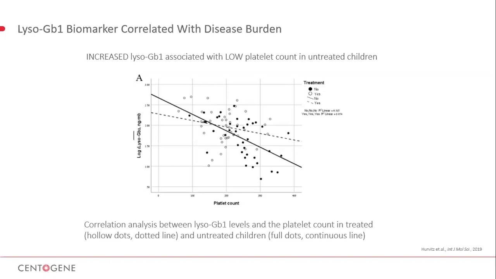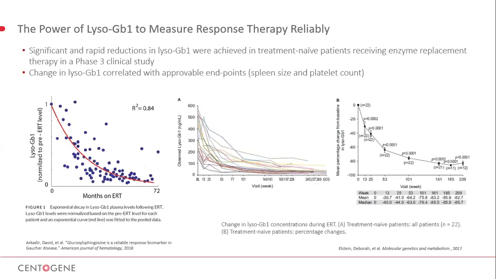As you can see in the graph, increased levels of lyso-Gb1 correlated with low platelet counts in patients with Gaucher disease. And also they give the opportunity to follow the treatment and to see how efficiently the therapeutic intervention is being performed.